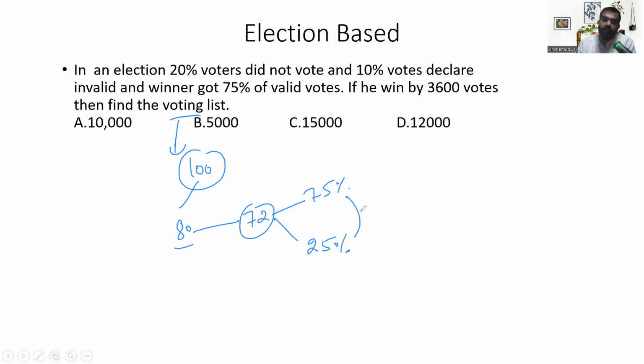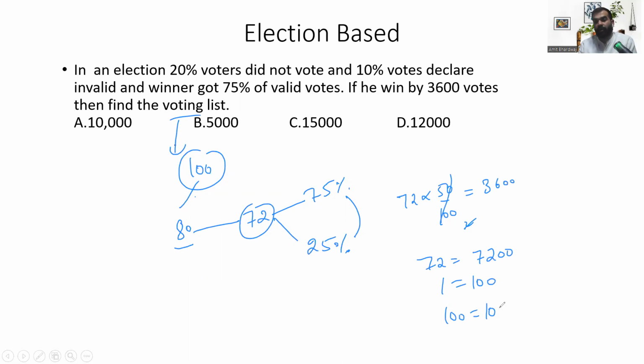We can say that 50% is the difference. So 50% of 72 should be 3600. So you have to find the 100 value. 72 means 7200, right? So one value is 100. So the 100 value will be 1 lakh. Not 1 lakh, 10,000. Option A is the right answer.